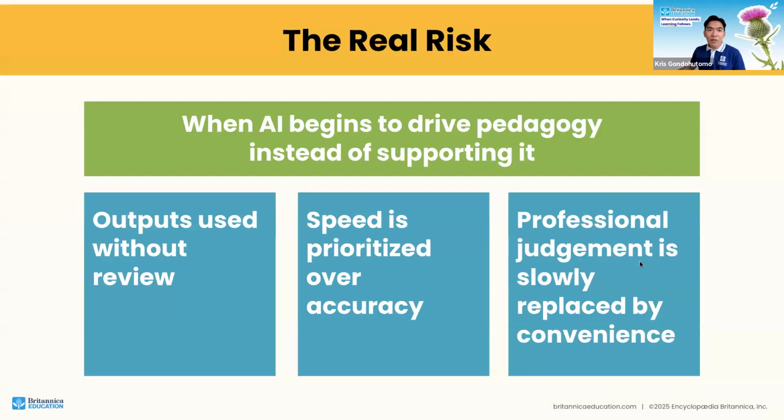Now, the real risk here is that the biggest risk with AI in education is not teachers using it. The real risk is when AI begins to drive pedagogy instead of supporting it. And I think you can agree to that. It's when outputs are used without verification, without review, when speed is prioritized over accuracy, and when professional judgment is slowly replaced by convenience.